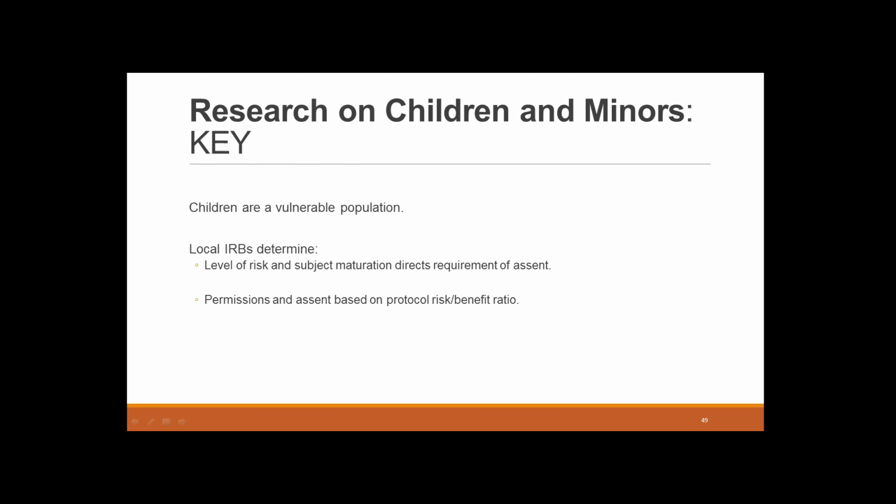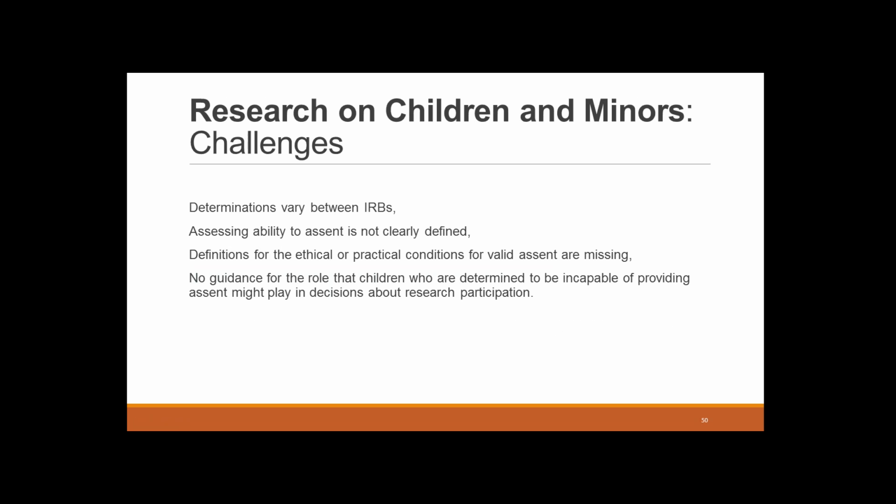So the key thing about children, again, is that they're a vulnerable population. The local IRB will help you determine the level of risk and the subject's maturation to determine assent. As with everything in research, it's risk and benefit based. There are specific challenges, as we've described.